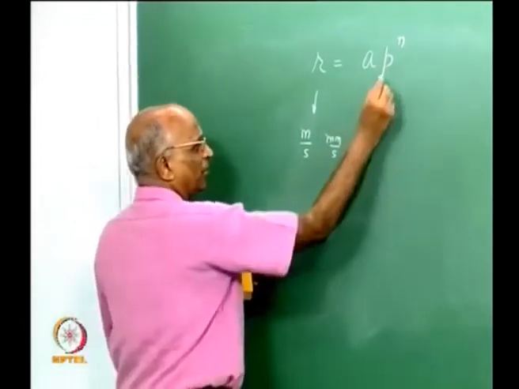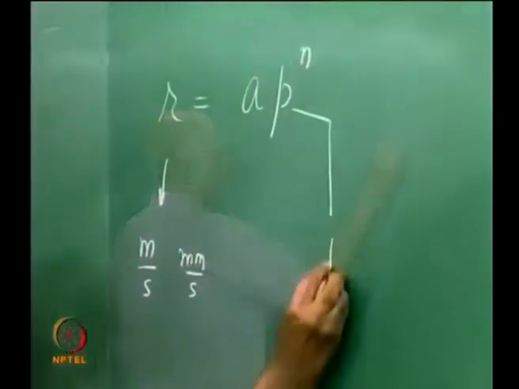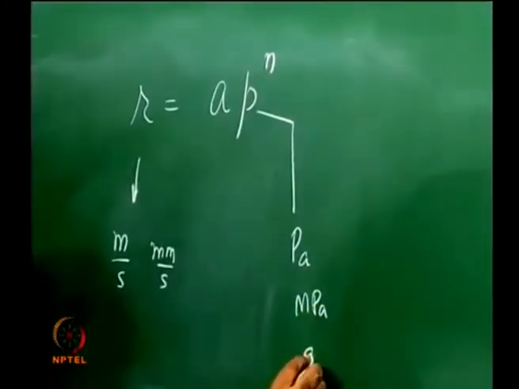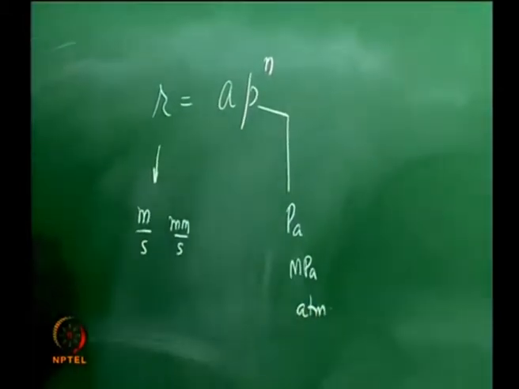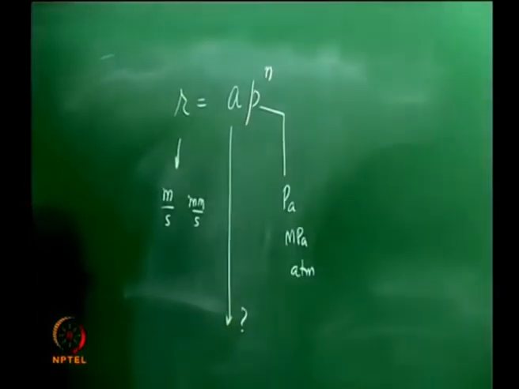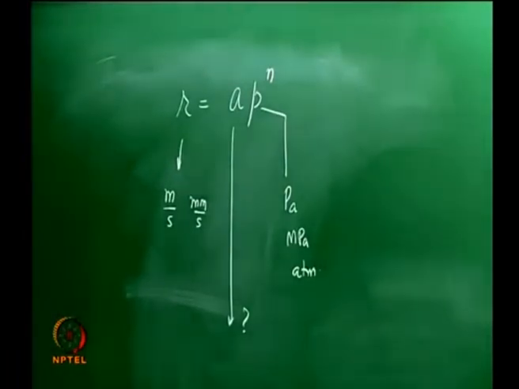What is the unit of pressure here? Could be Pascal, could be megapascal, could be atmosphere. Then what is the unit for A? The constant, which depends on temperature, which depends on composition. The unit becomes very clumsy.